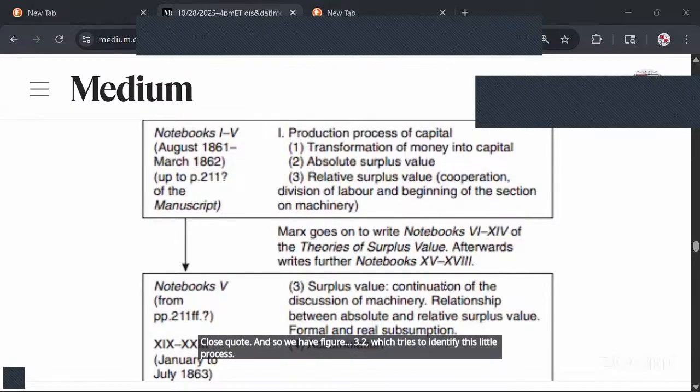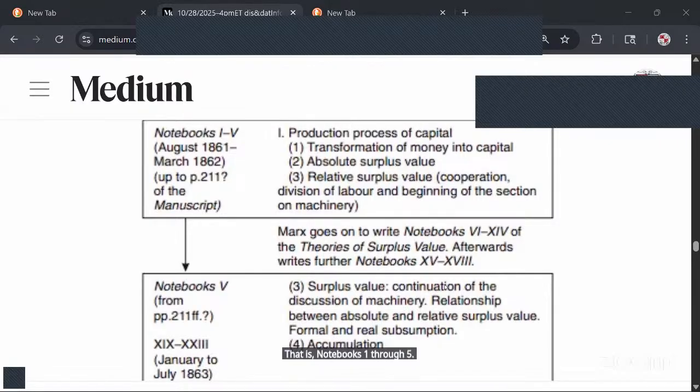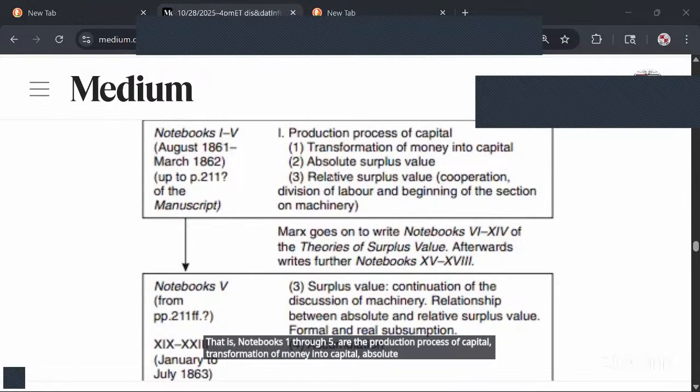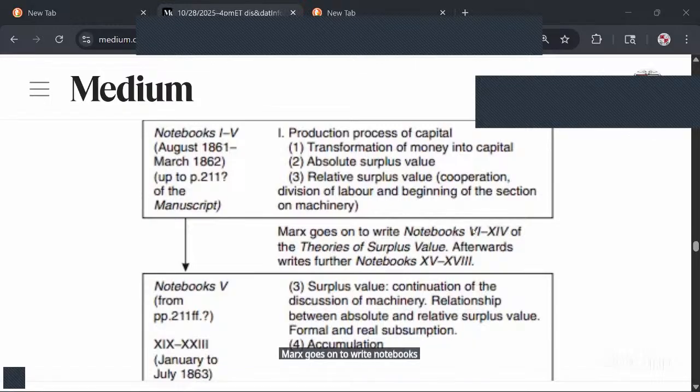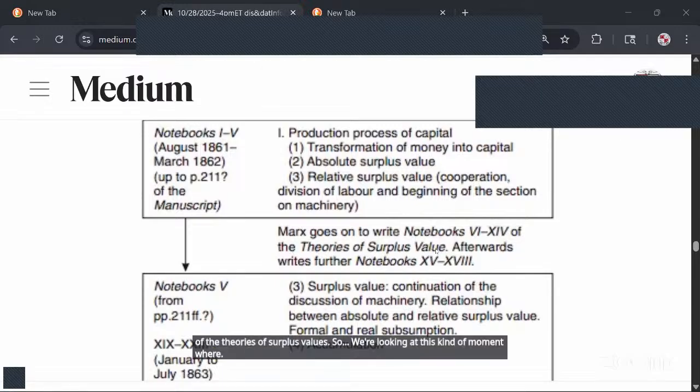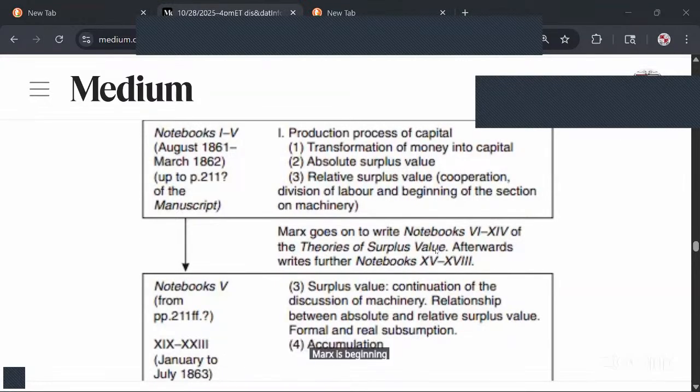That is, notebooks 1 through 5 are the production process of capital, transformation of money into capital, absolute surplus value, relative surplus value, etc. Marx goes on to write notebooks 6 to 14 of the theories of surplus value. So we're looking at this kind of moment where Marx is beginning to think about surplus value.